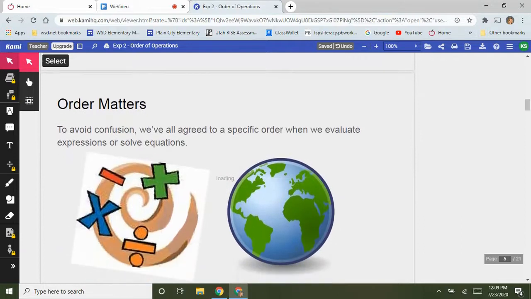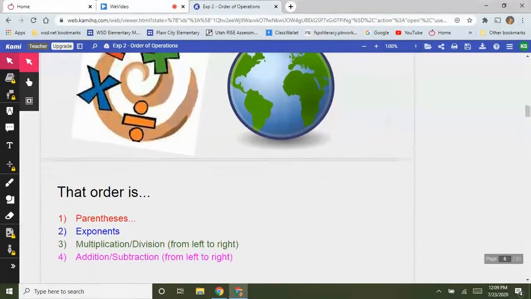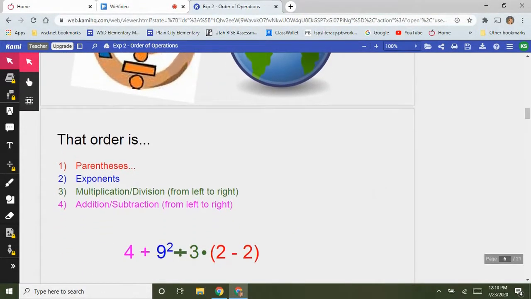So this order matters. Mathematicians came up with a way that we had to have an answer to expressions or equations. To avoid the confusion, we all agreed on a specific order, and we call that the order of operations.